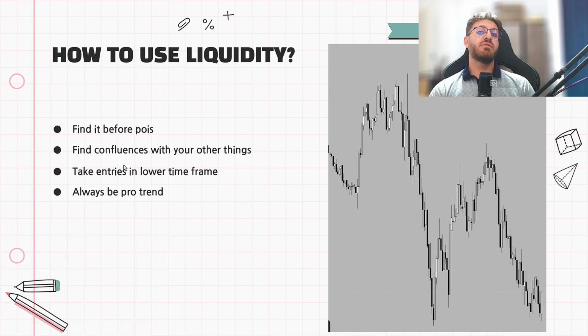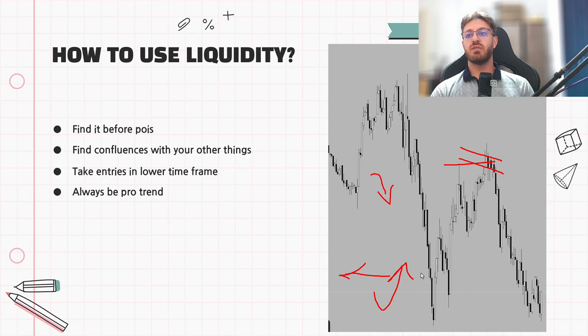The other thing is to find confluences with your other tools. For example, if you are using moving averages, you can use this as a confluence. Or if you are just using pullbacks to trade after a big movement, you can use the liquidity on the left of the chart for more confluences with whatever you are using.